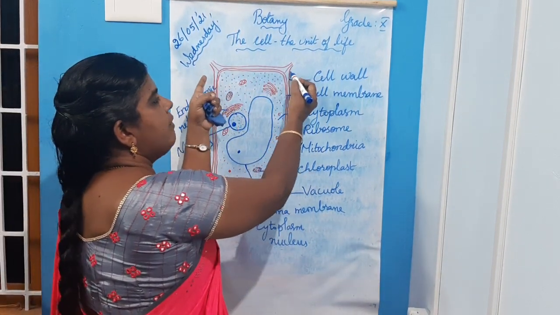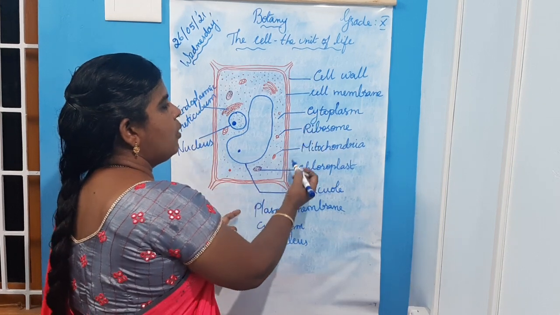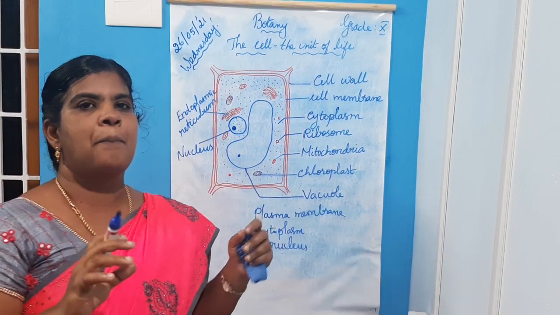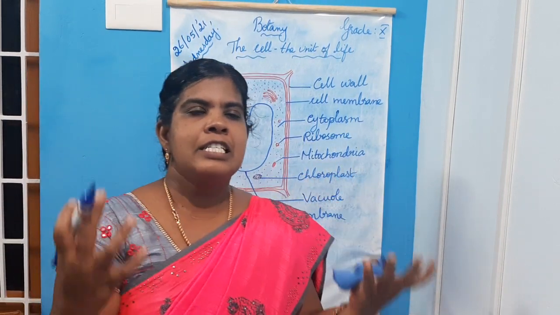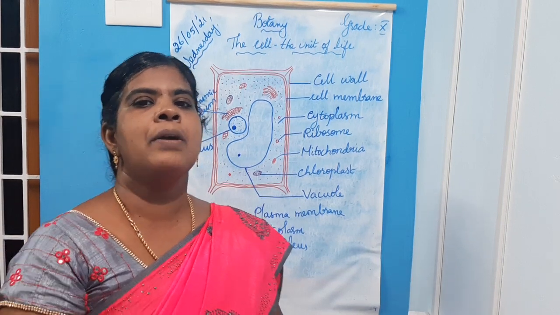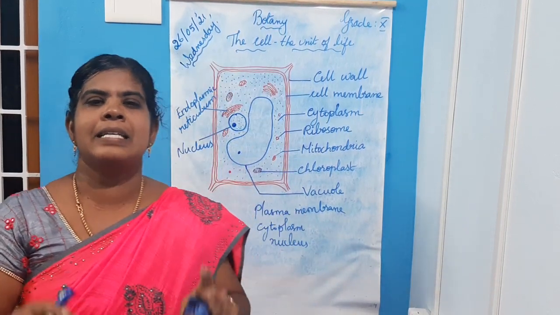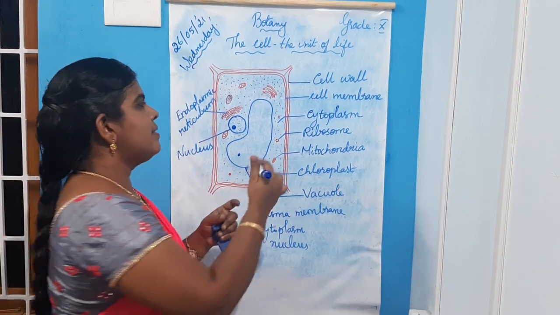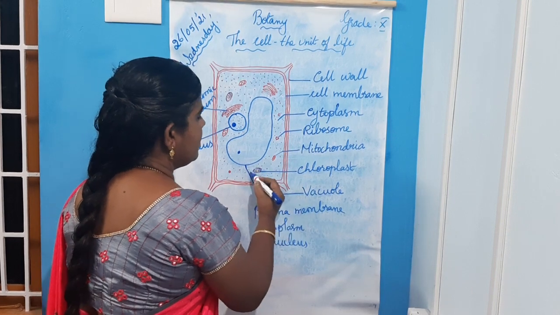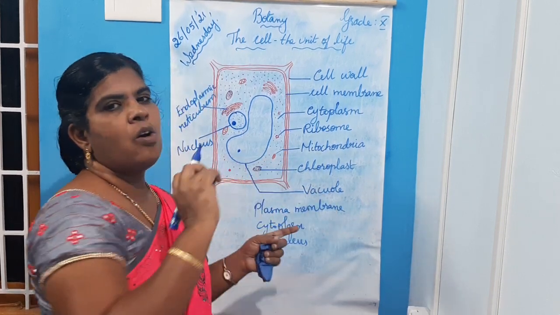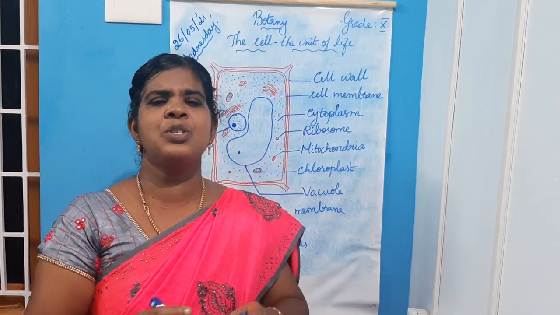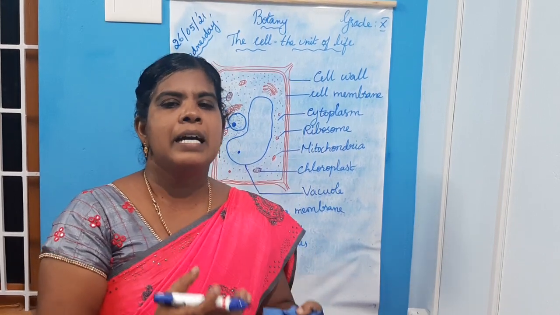Now the structure of a plant cell. The outer covering of a plant cell is the cell wall. It is made up mainly of the cellular material cellulose. A typical plant cell has a cell wall with a large central vacuole and plastids, in addition to other organelles present in the animal cell.